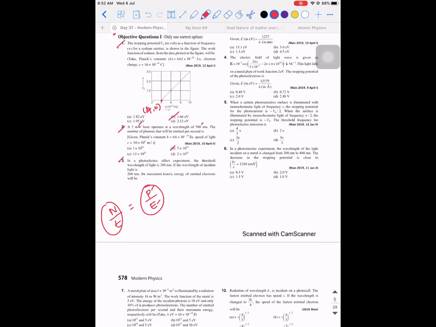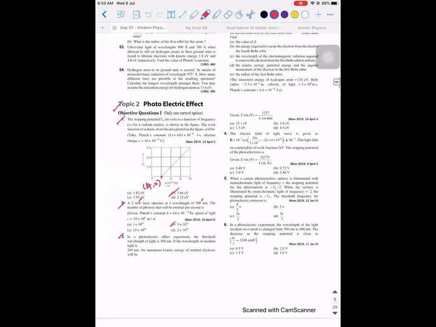Third one. In a photoelectric effect experiment, the threshold wavelength of light is 380 nanometer. The wavelength of incident light is 260 nanometer. The maximum kinetic energy of the emitted electrons will be.